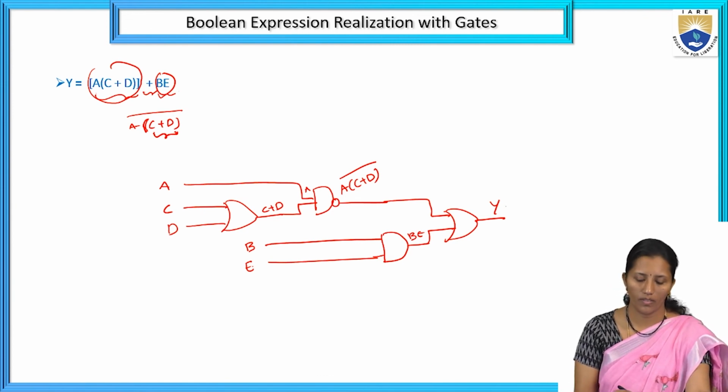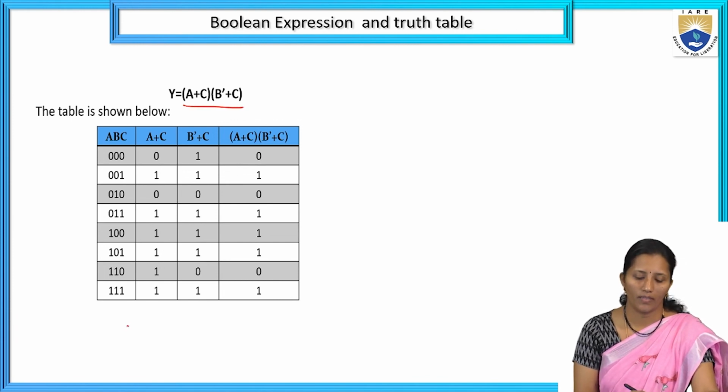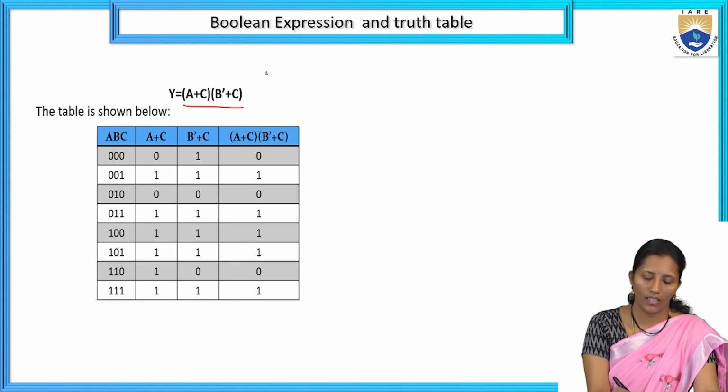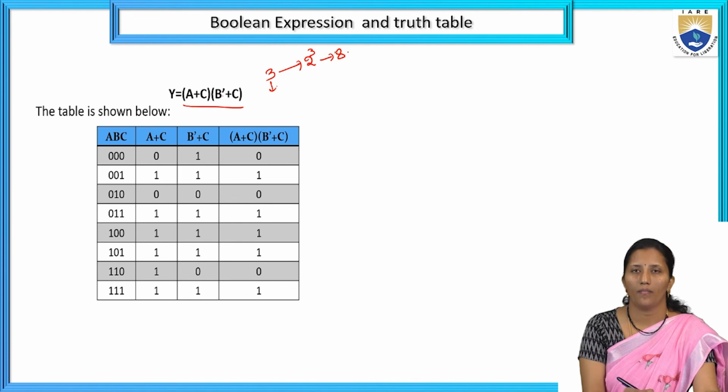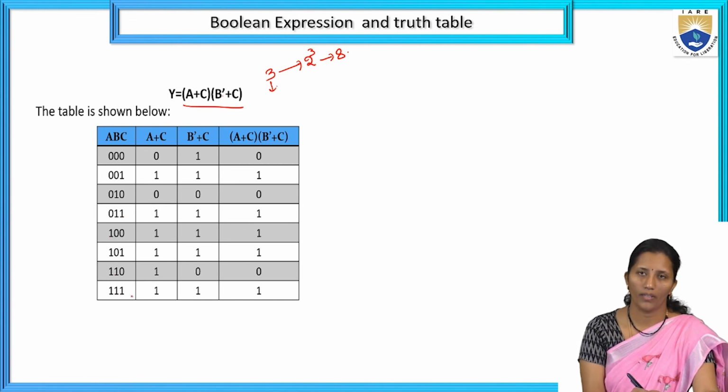So we have to observe which gates we are using to realize the Boolean expression. Suppose you want to take a Boolean expression in a truth table and realize it using logic gates. Here the Boolean expression is (A plus C) into (B bar plus C). In this table we have 3 inputs A, B, C. For 3 inputs, how many combinations do we get? 2 cube, that is 8 combinations for the input: 000, 001, 010, 011, 100, 101, 110, 111.